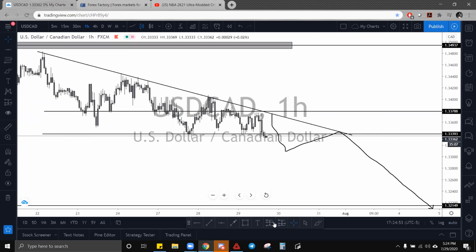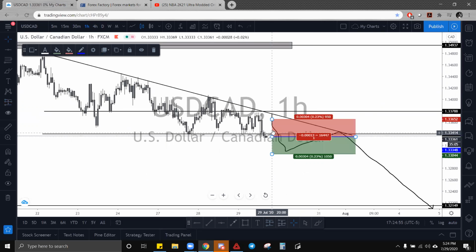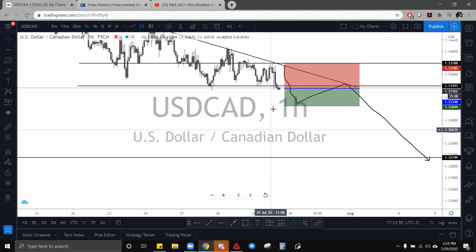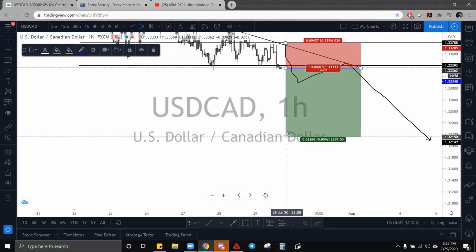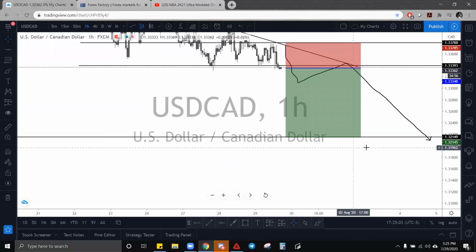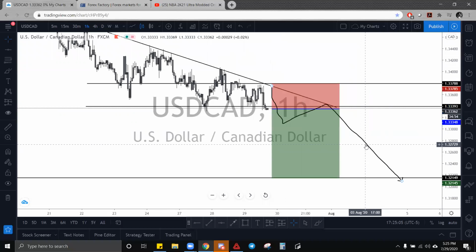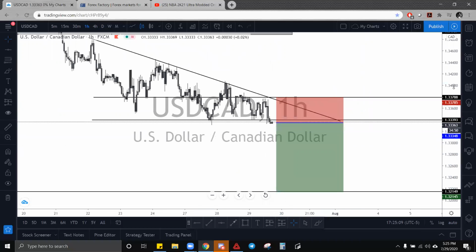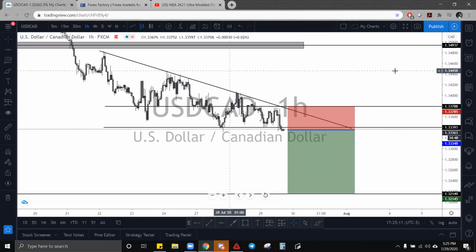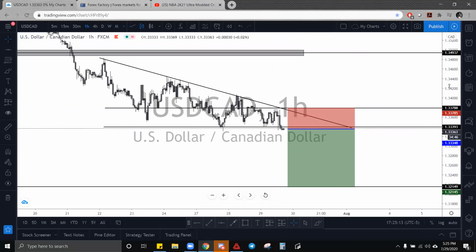This would be a very nice setup because you can enter here and then you can put your stop loss right there. And then you have your boom. Crazy drop.